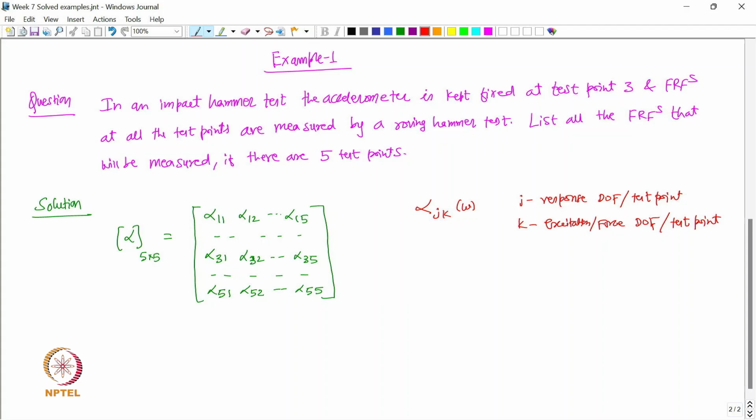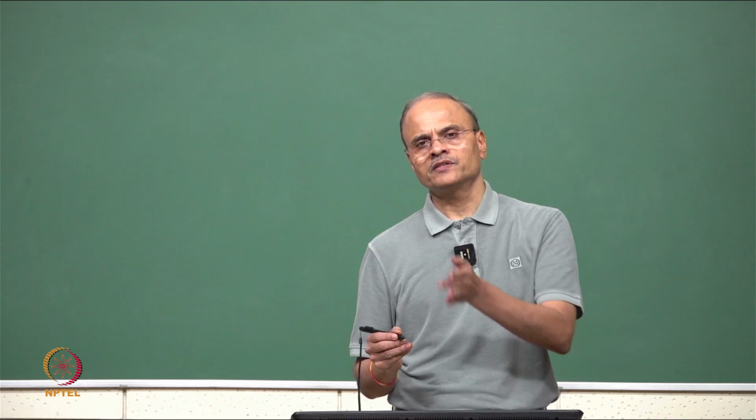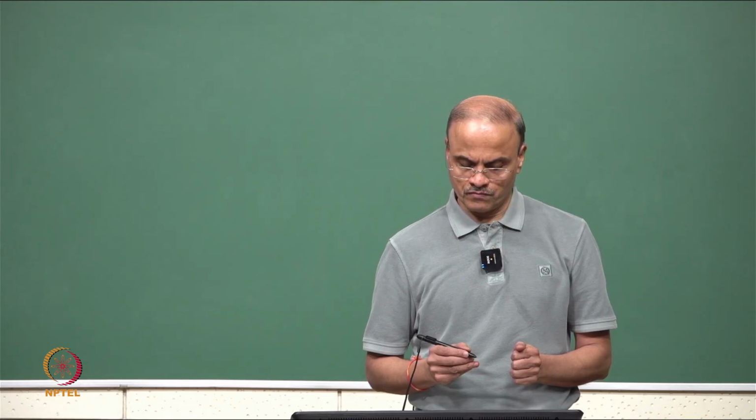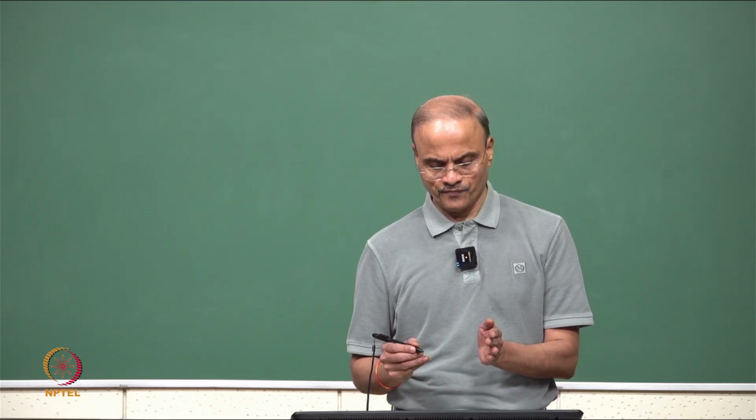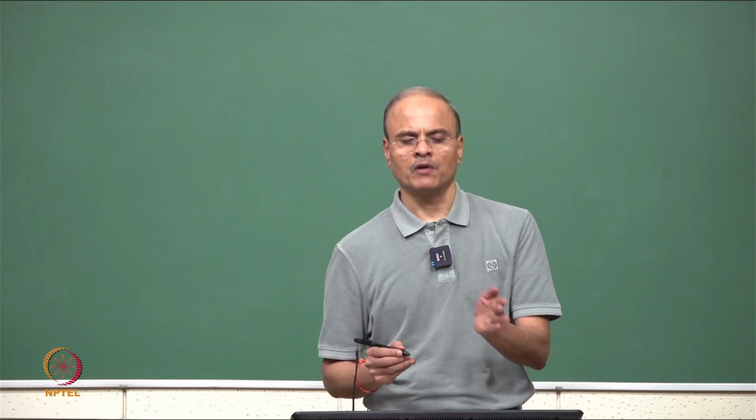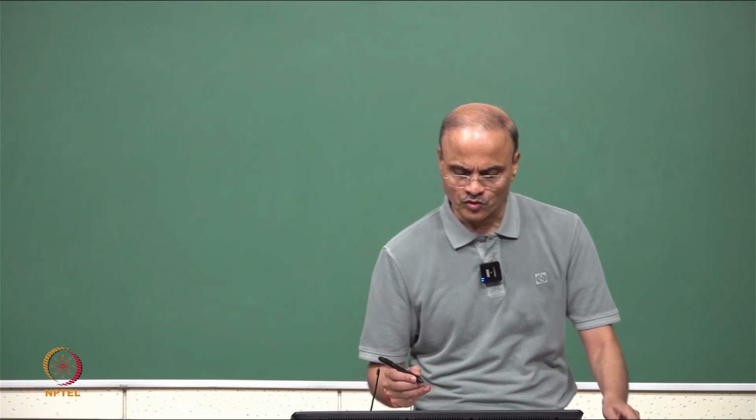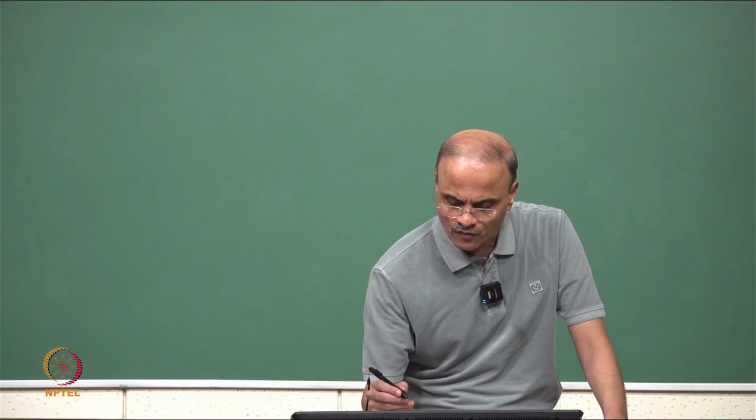With this nomenclature, if we have the accelerometer fixed at test point number 3, and if we apply the impact at the first test point, the FRF measured will be alpha 3 1, and then when we move to the second test point, it will be alpha 3 2. So, this shows that we will be measuring the third row of the FRF matrix.